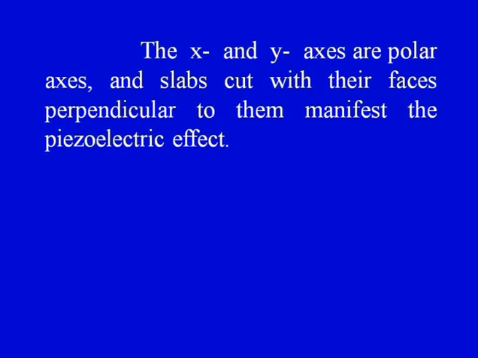These are also 3. The x and y axes are called polar axes, and the slabs cut with their faces perpendicular to them, perpendicular to x axis, perpendicular to y axis, manifest the piezoelectric effect.